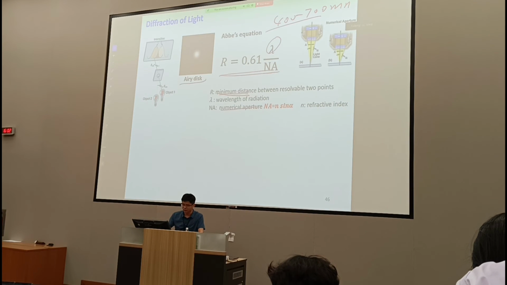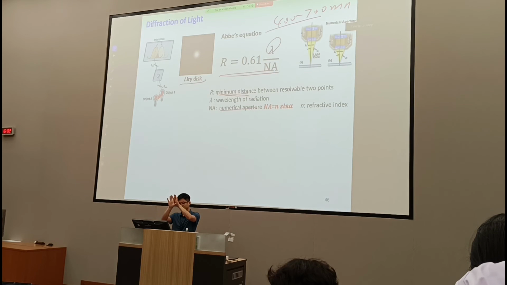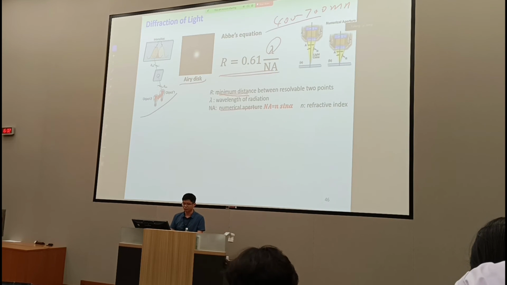Each point source creates its own Airy disk. If you have two point sources, they create two sets of Airy disks passing through the holes. If these two Airy disks overlap together, you cannot differentiate the two objects.